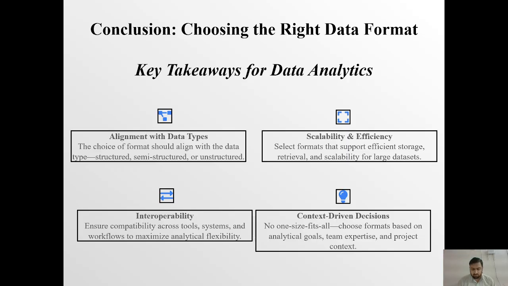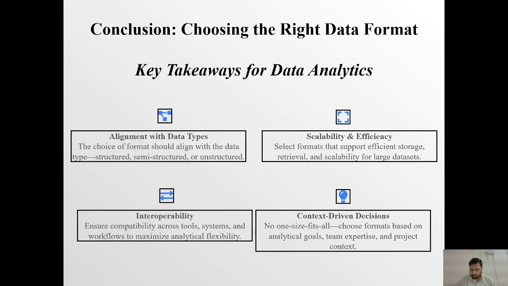Before we close, let's briefly recap the key points. Data types form the foundation of any analytics strategy. Quantitative data allows precise measurement and statistical testing, while qualitative data provides context, depth, and categorical differentiation.